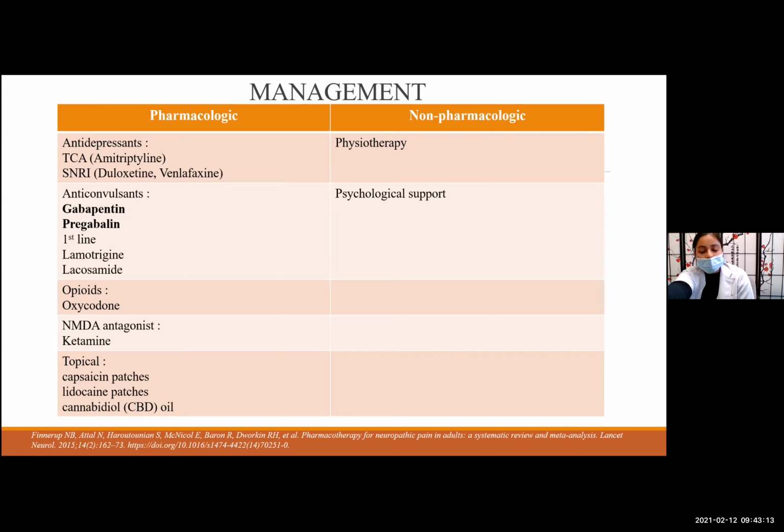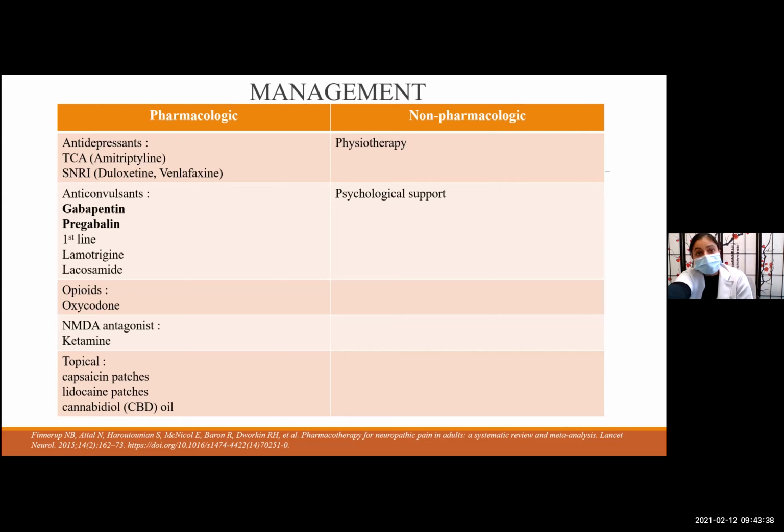The first line in most of the treatments for small fiber neuropathy would be anticonvulsants, gabapentin and pregabalin. And then the antidepressants: tricyclic antidepressants, amitriptyline, or your serotonin norepinephrine reuptake inhibitors, duloxetine and venlafaxine.